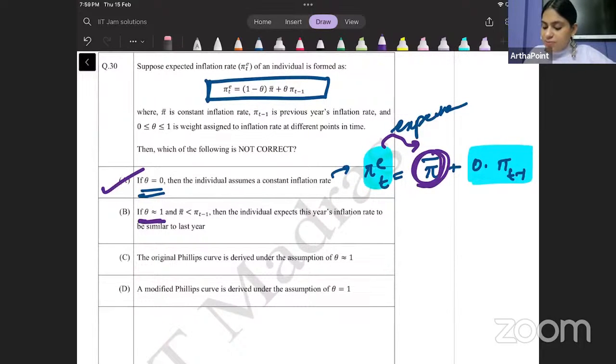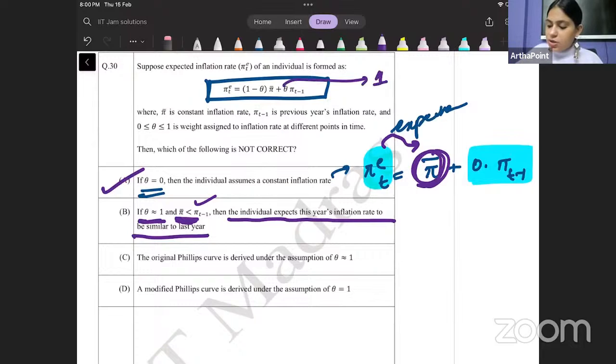So if theta is approximately 1, and you're given that constant inflation is less than last year's inflation, individuals expect inflation this year to be similar to last year. Yes, that holds because you're putting theta approximately equal to 1, so last year's inflation gets a weightage of 1. So you're thinking that this year's inflation will be equal to last year's inflation.